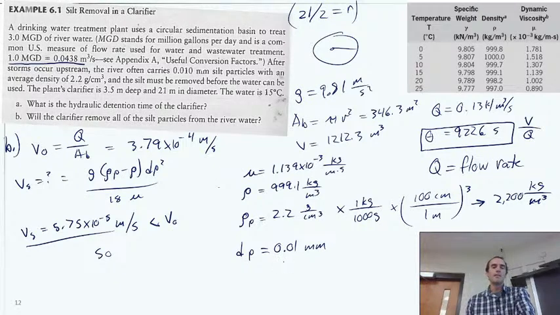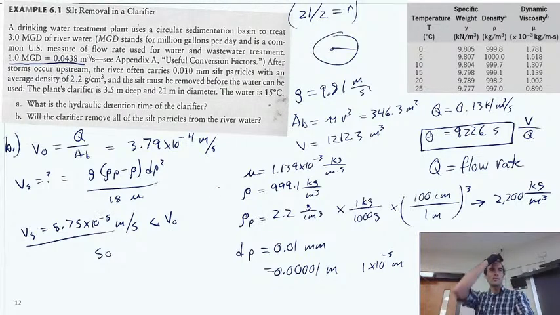If we convert that to meters, that would be 0.01, except we're going to add 3 here. That many meters, so that should be what? 1, 2, 3, 4, 5. So 1 times 10 to the minus 5th meters. Then we're going to put that in and square it here.